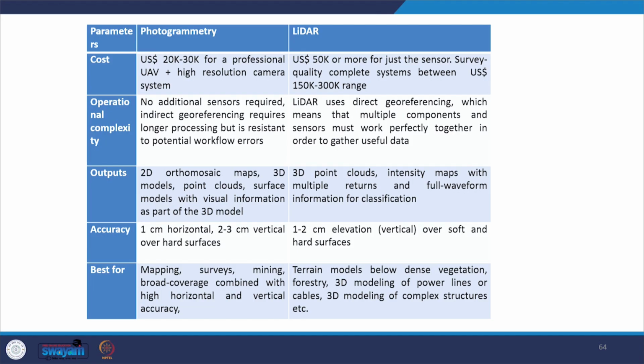This particular table indicates the cost comparison between the photogrammetry and the LiDAR based sensor. As far as the accuracy is concerned, in photogrammetry we get 1 centimeter horizontal, 2 to 3 centimeter vertical over hard surface, and here we are getting 1 to 2 centimeter elevation accuracy. There are some merits and some demerits for each of these systems.